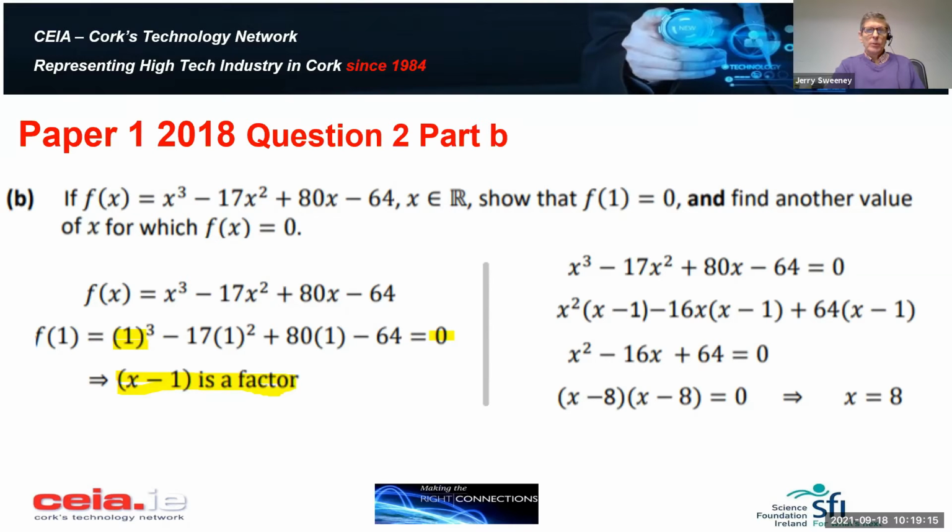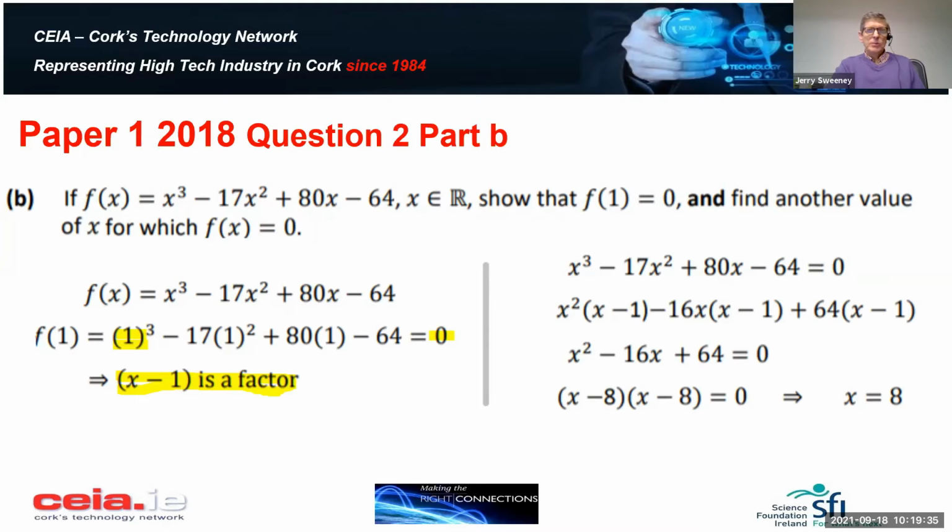So what we now need to do is to find another value of x for which f of x is equal to 0. We know that x minus 1 is a factor because 1 is a solution, is a root. So therefore x minus 1 is a factor.